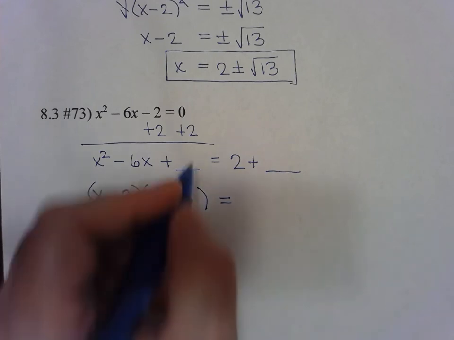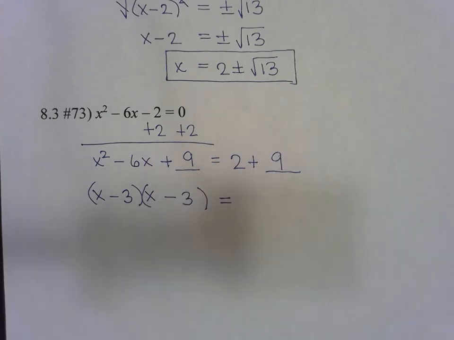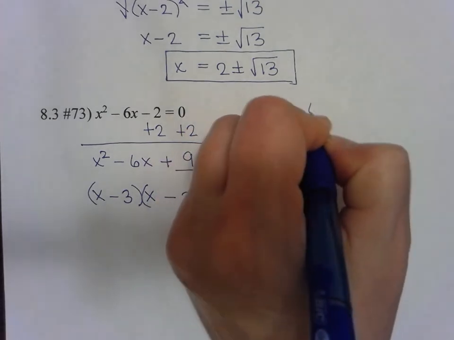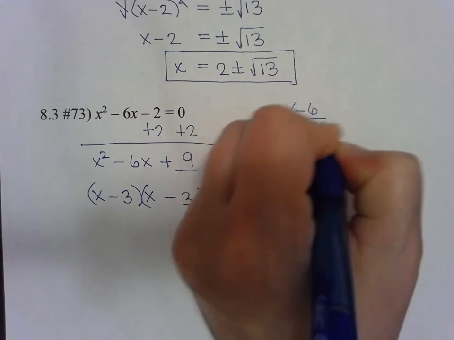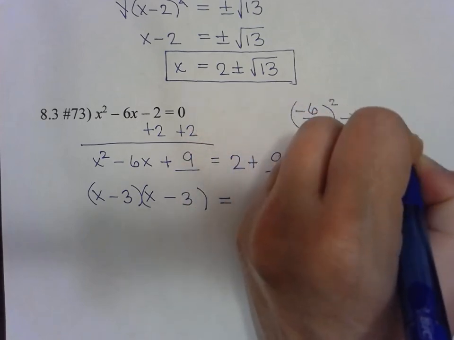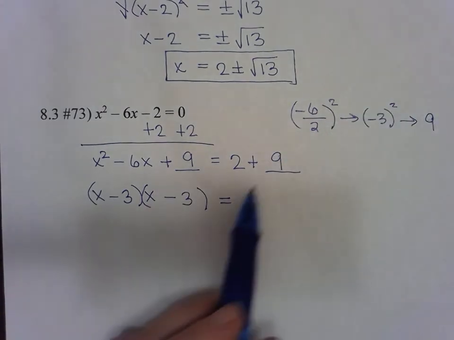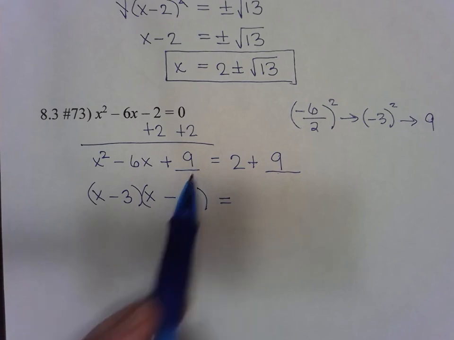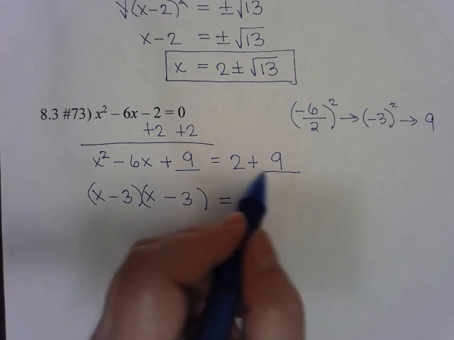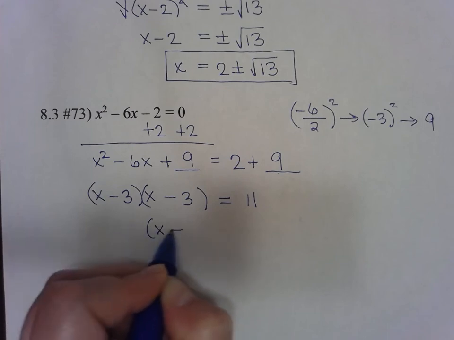-3 times -3 is 9. Or use the shortcut. It's also going to give you 9. 2 plus 9 is going to give us 11.